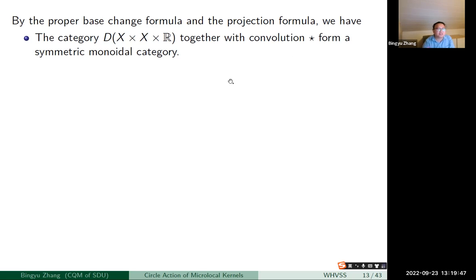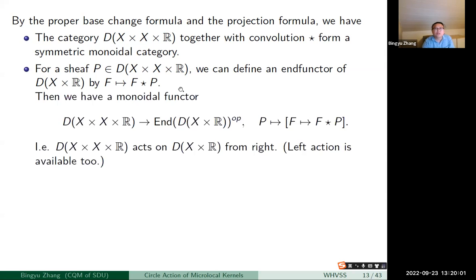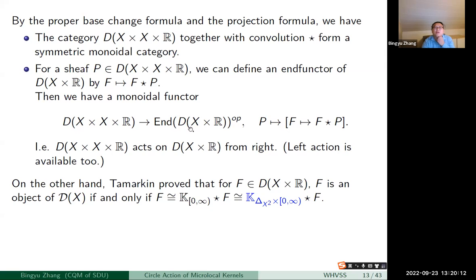It means that we can do some kernel calculation in the Euro way. And second, we can define a convolution functor using a kernel. This way we define a monoidal functor, which means that the category of kernels acts on the category.